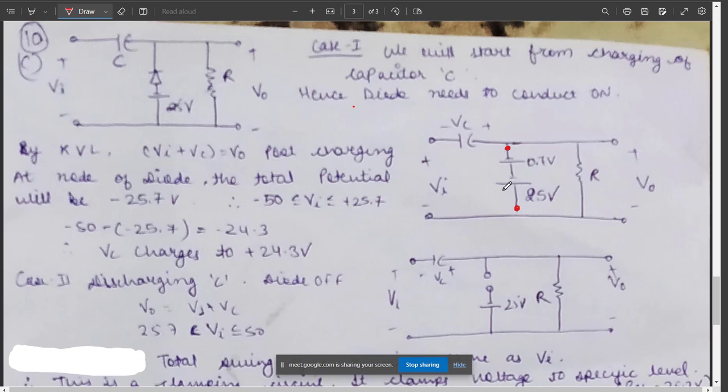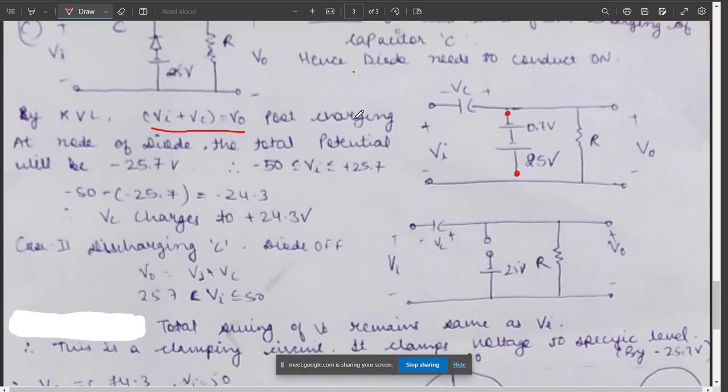When we apply KVL, we can write Vi plus Vc minus Vo equals 0. Transferring Vo to this side, Vi plus Vc equals Vo, post charging, when our Vc is fully charged.